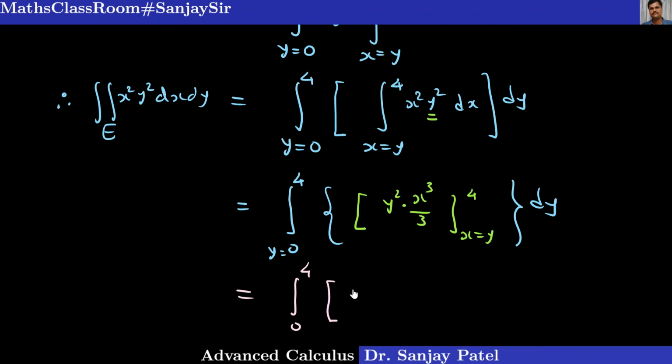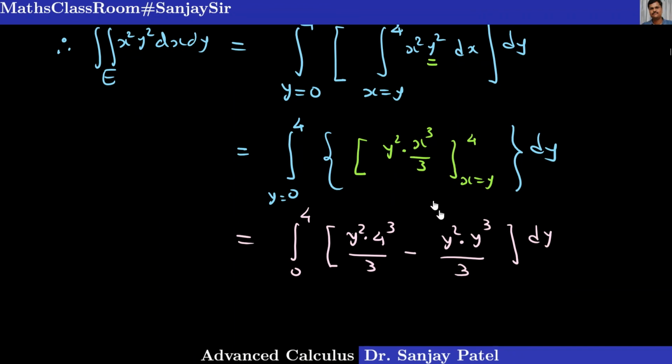So first putting x equal to 4, we get y square into 4 cube upon 3 minus, putting the lower limit of integration now, y square into y cube upon 3, and then it is to be integrated with respect to y. You understand? So y is fixed, y is constant, keeping as it is. These are the limits of x equal to y to x equal to 4. So now we simplify this.